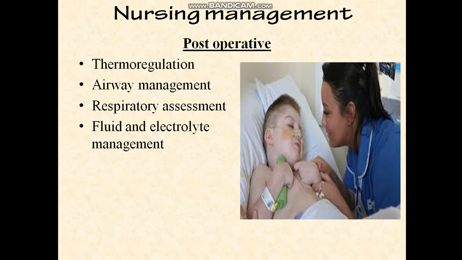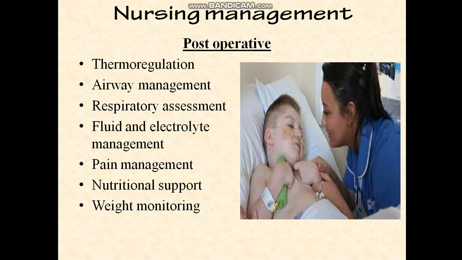The next is fluid and electrolyte management. So IV fluids initiate ചെയ്യണം. Electrolyte levels ഇടയ്ക്ക് ചെക്ക് ചെയ്ത് അത് കറക്റ്റ് ലെവലിലാണ് മെയിൻറ്റെയിൻഡ് ആവുന്നത് എന്ന് ഉറപ്പുവരുത്തണം. So the initial measures include thermoregulation, ഇതിന് incubator അല്ലെങ്കിൽ radiant warmer, airway management, respiratory assessment where frequent respiratory assessment is to be done, and maintenance of fluid and electrolyte balance.